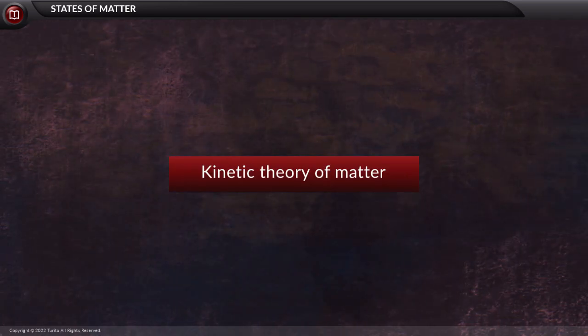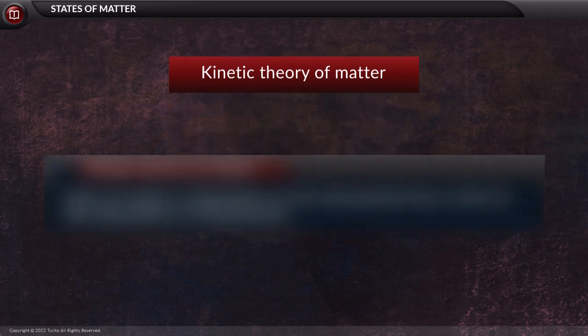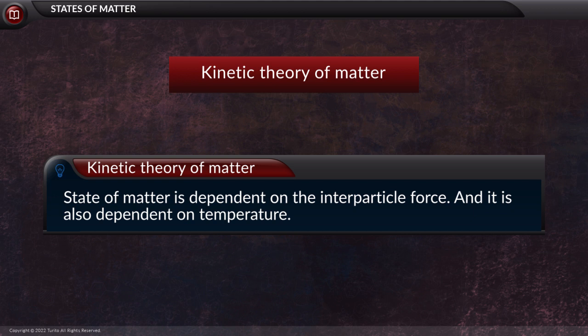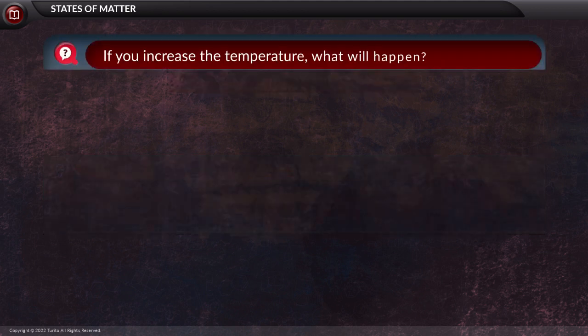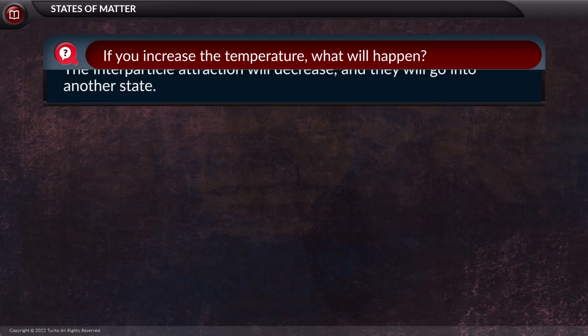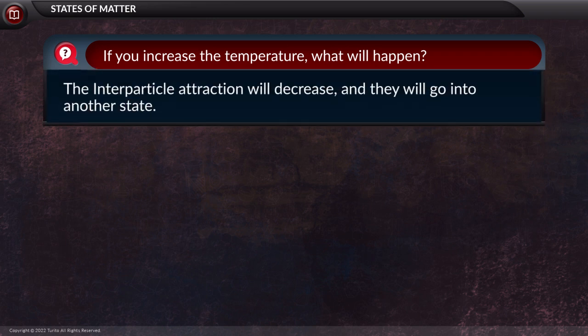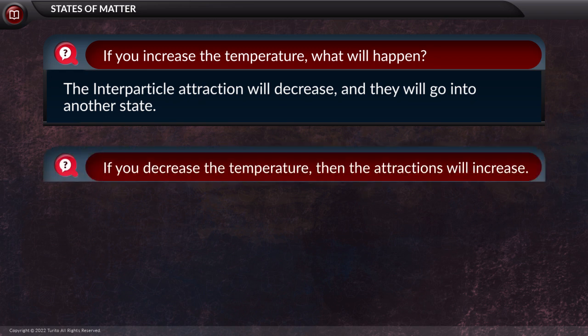There is the kinetic theory of matter, which explains how the states of matter exist. What are the postulates? According to this theory, the state of matter is dependent on the interparticle force, and it is also dependent on temperature. If you increase the temperature, what will happen? The interparticle attraction will decrease, and they will go into another state. And if you decrease the temperature, then the attractions will increase. Why is it so?